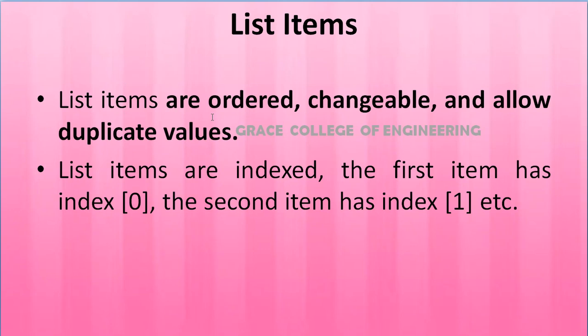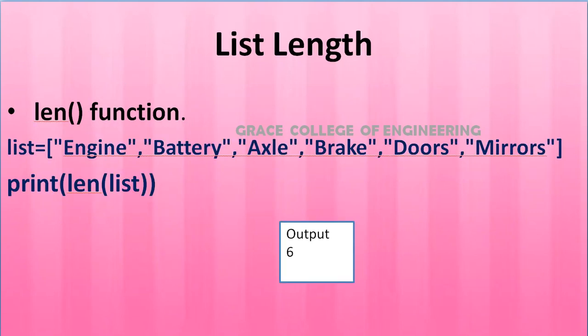You will get the output 0, 1, 2, 3, 4, 5, 6, 7, 8, 9. The list items are ordered, changeable and allow duplicate values. This is very important. Always the list items are indexed. The starting value will be 0. If you want to find the length of the list, use the len function.